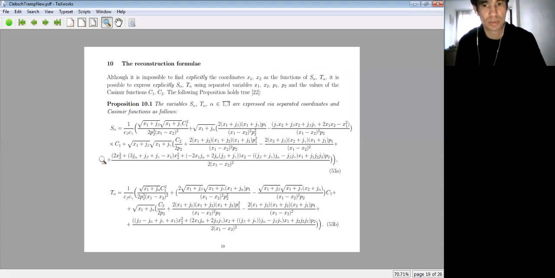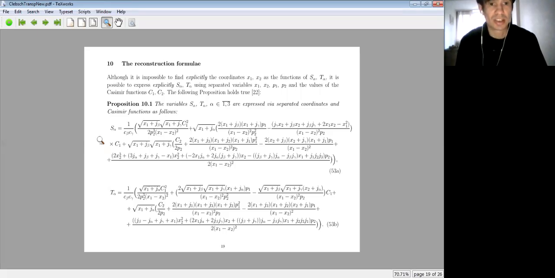These are formulas 53A, 53B, and these objects satisfy the Poisson brackets if x1, x2, p1, p2 are canonical. One can also check it by hand or with Maple.